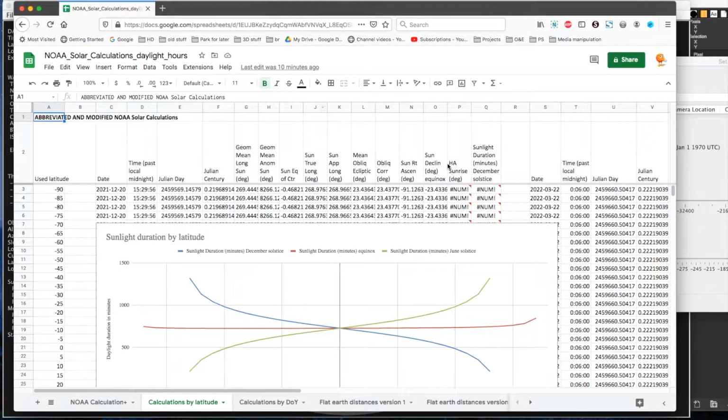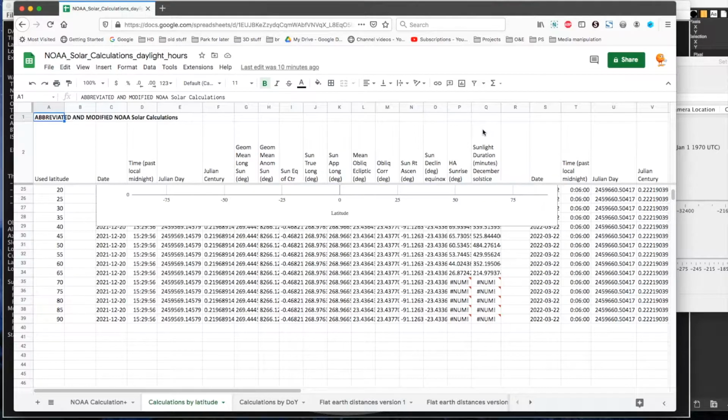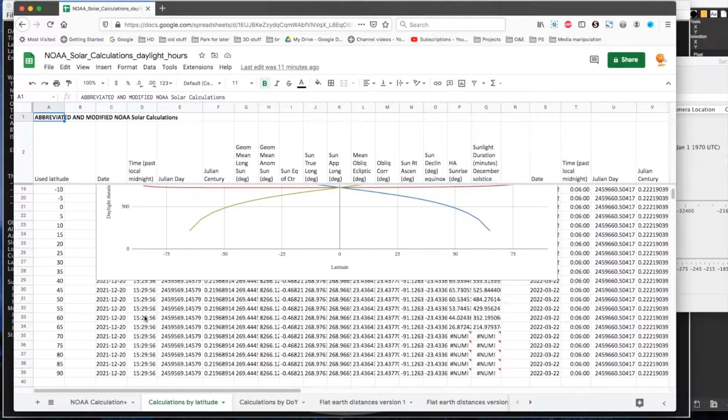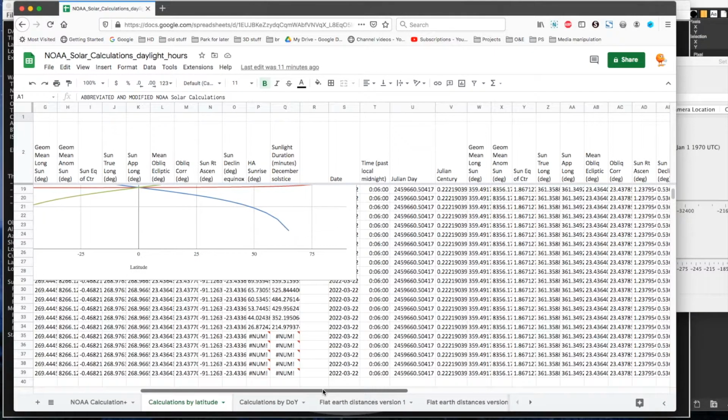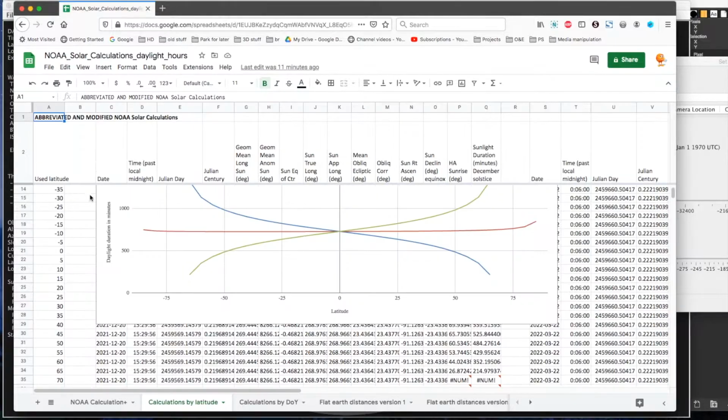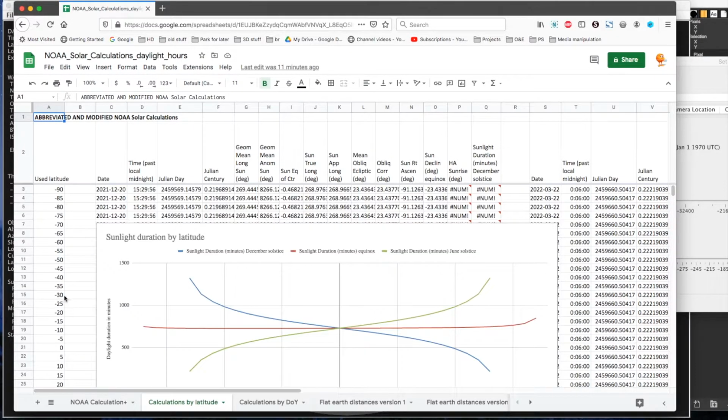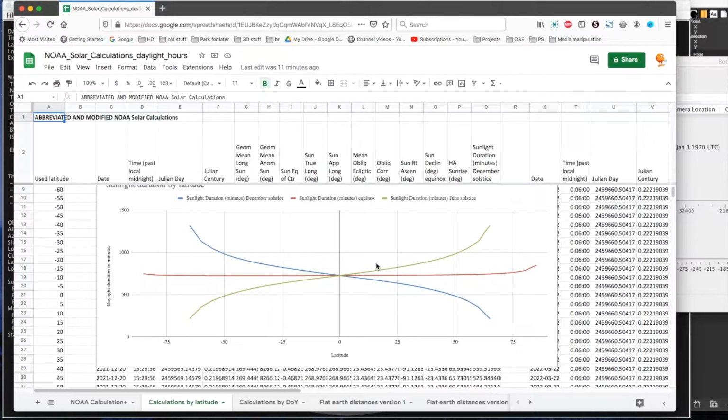I removed a lot of the columns that were not necessary, and after a few slight modifications, I was interested in the sunlight duration column, and I picked three different dates: the December solstice, the March equinox, and the June solstice. And I also did the calculations for each of the latitudes from the North Pole to the South Pole, and then I made this graph.